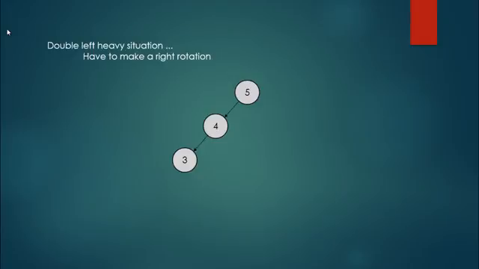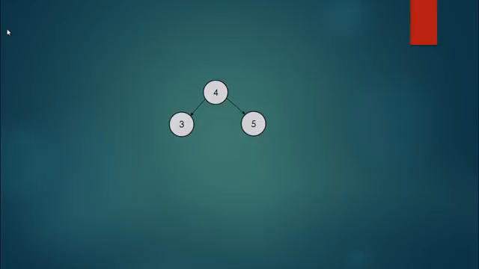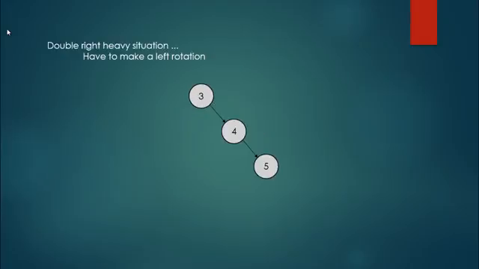So for example, we have a doubly left heavy situation, so we have to make a right rotation. We have to make a right rotation on the node 4, and it's going to solve our problem. Then we have a situation like this. This is the double right heavy situation.